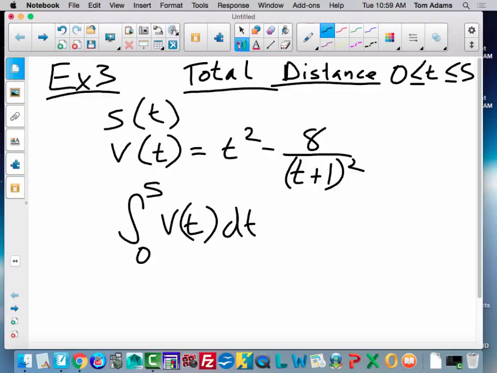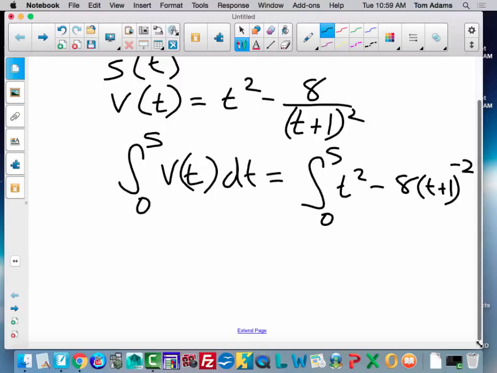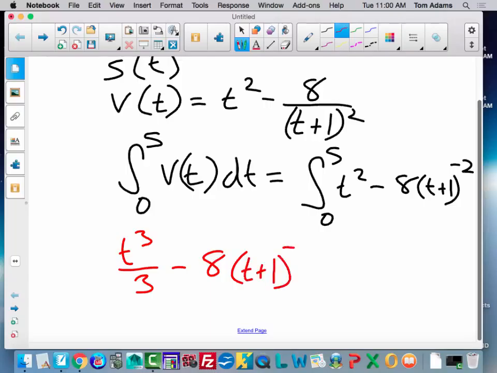If you remember, on example 1 and 2, we basically did the antiderivative of this. So if I go from 0 to 5 of t squared minus 8, and I'm going to rewrite this as t plus 1 raised to the negative 2, on the next line what I end up with is the antiderivative, which is t to the third power divided by 3 minus 8 times t plus 1 to the negative 1 divided by negative 1.